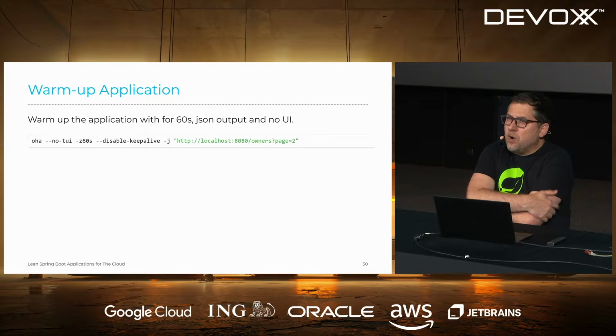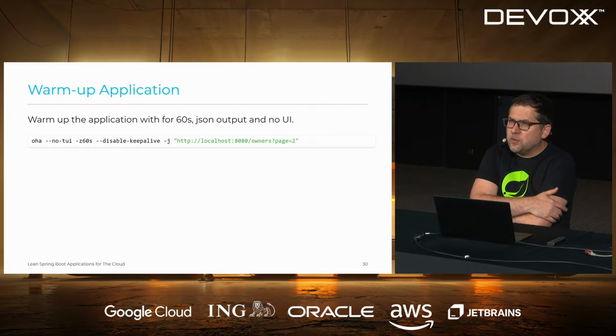Then I do a warm-up. If you want to compare the application, we know the JIT compiler will kick in. I run a stress test on an endpoint, maybe a random endpoint, just to make sure that the JIT compiler has totally optimized my application. I run the whole script for 60 seconds. You see I'm using OHA.